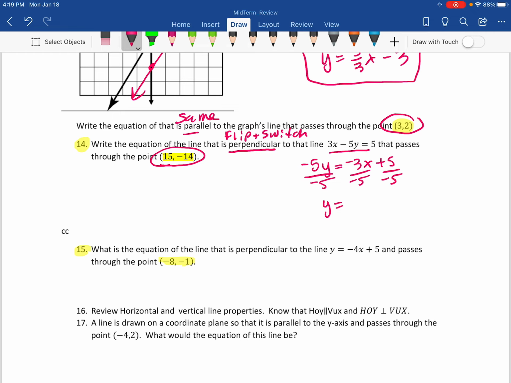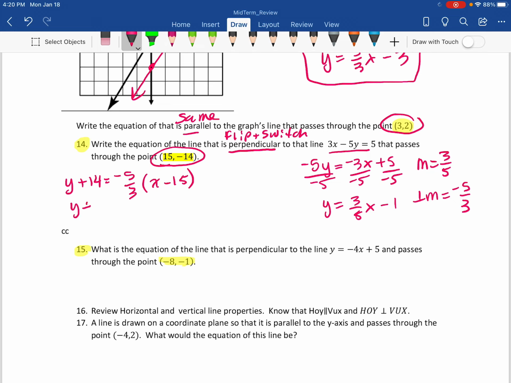That's going to give me y is equal to 3/5 x minus 1. So our slope of this is 3/5. The perpendicular slope is going to be -5/3. So now we're going to use -5/3. We're going to say y plus 14 is equal to -5/3 times (x minus 15).